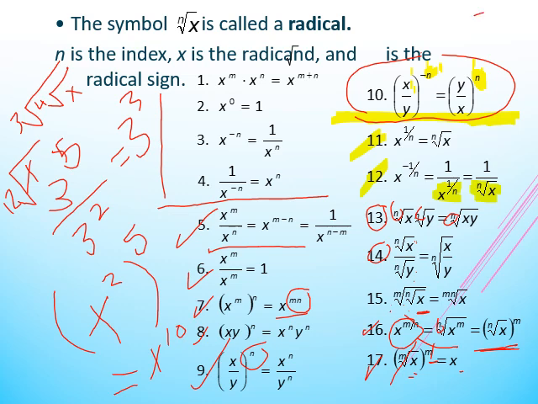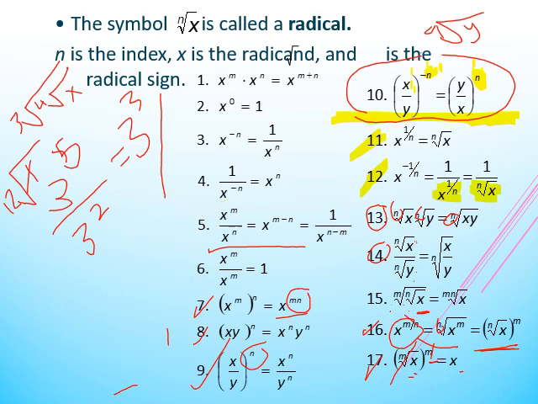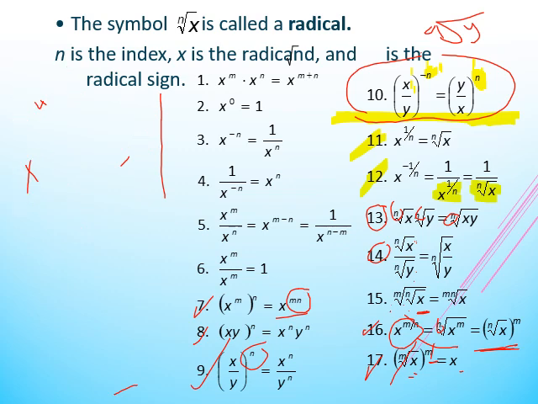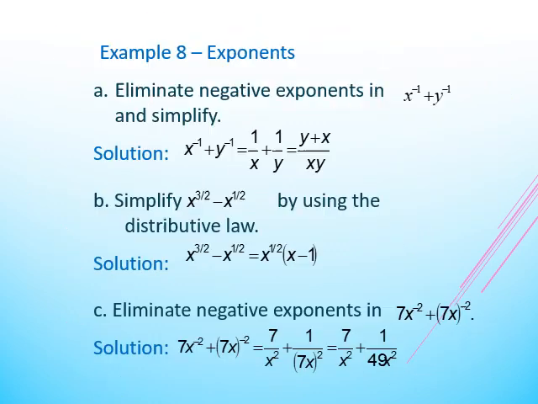For example, if we have a 9th root of y to the power 9, the index and the power eliminate each other and the value will be y. Take care of this rule, it's very important.